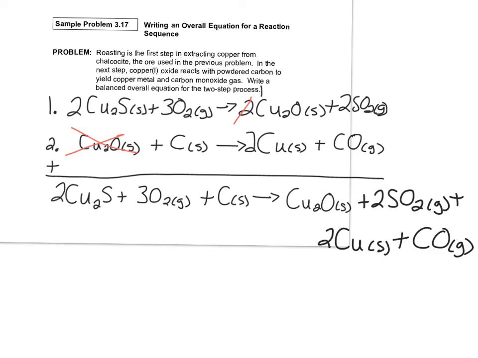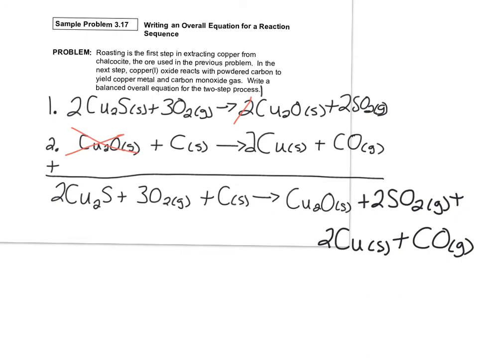All right, so now we have to check. To know that you've done this correctly or not, this equation that we've just written should balance. So let's do that next. I've got 2 times 2 copper, so that's 4 coppers on the left of my arrow. I've got 2 plus 2 coppers, so that's 4 coppers on the right. So the coppers balance out. 3 times 2 is 6, so I've got 6 oxygens on the left.